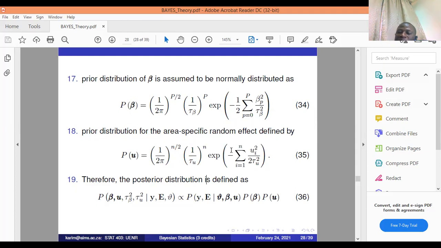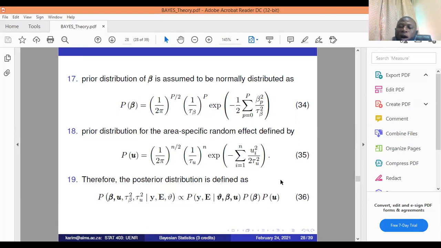Exponent, so here is supposed to be 1 over 2, so I've just pushed the 2 inside. So you can see that the 1 over 2, I can bring it out to be negative 1 over 2, it is the same thing. u i squared, divided by 2 tau u squared. So this is the prior distribution for the beta, and this is the prior distribution for the random effect.